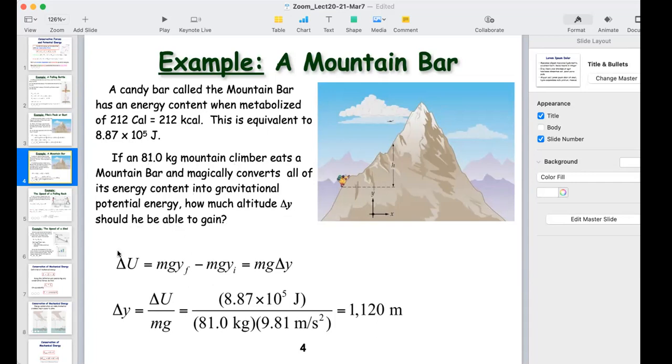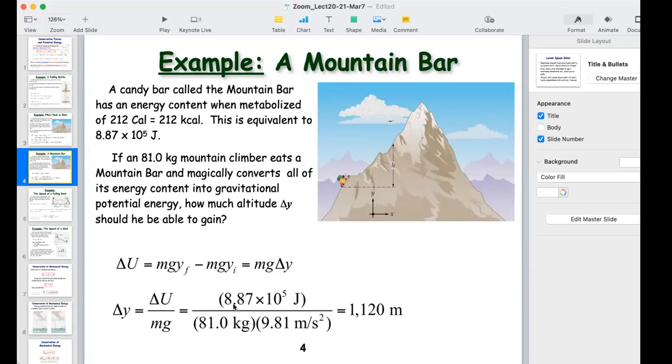Okay, so again, delta U is equal to mg y final minus mg y initial, which is mg delta y. And in this case, we are interested in delta y, which is the altitude. So delta y is equal to delta U over mg. The delta U is the energy provided by the mountain bar.